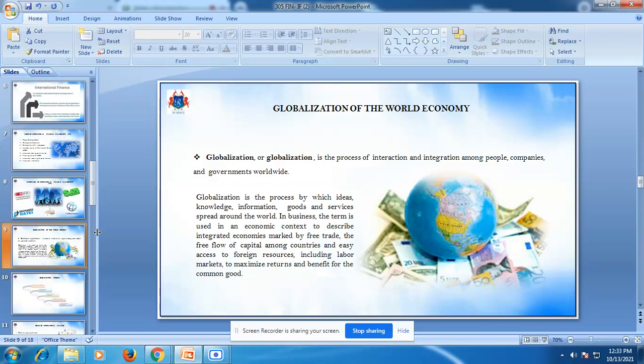The International Monetary Fund defines globalization as the growing interdependence of countries worldwide through the increasing volume and variety of cross-border transactions in goods and services and of financial capital flows, and also through the more rapid and widespread diffusion of technology. Charles Hill's definition of globalization is the shift toward a more integrated and interdependent world economy.